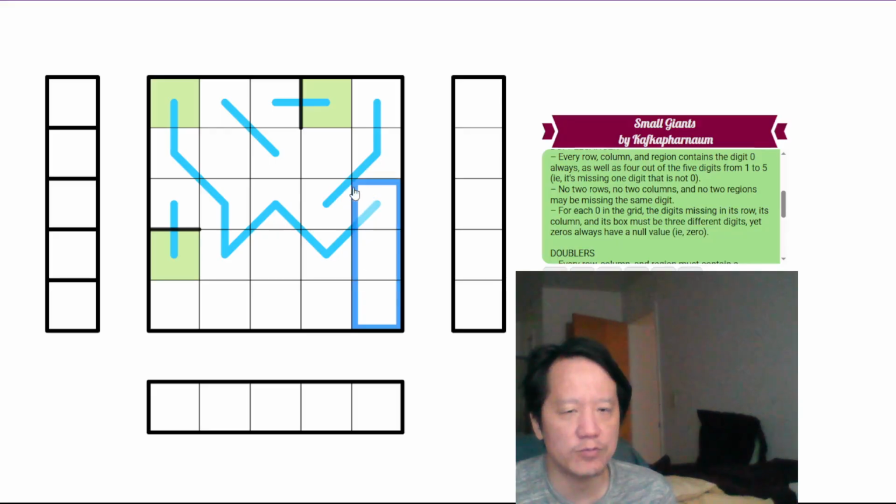So this is going to be 1, 2, 3, 4, or 1, 2, 3, 5, or 4, 5. Either way, this is going to have to go out somewhere. So this region has to go either here or here or here. Therefore, these are part of the same region. So there's no border there.